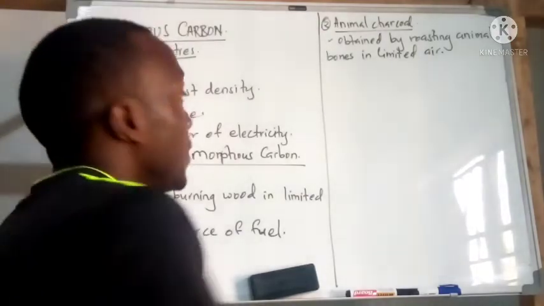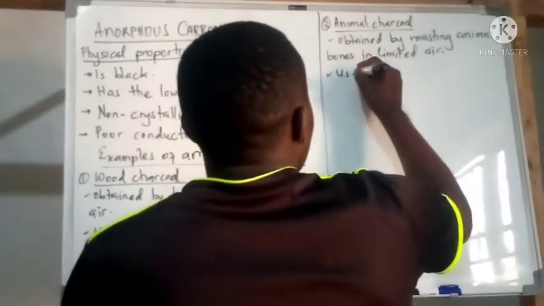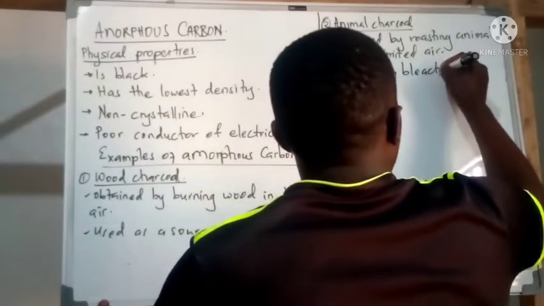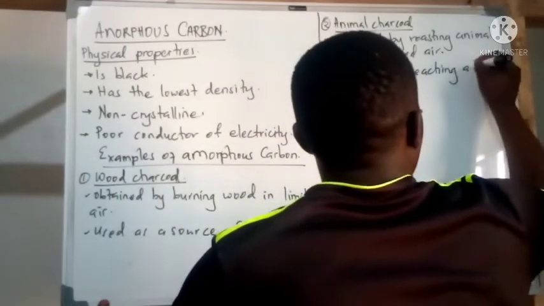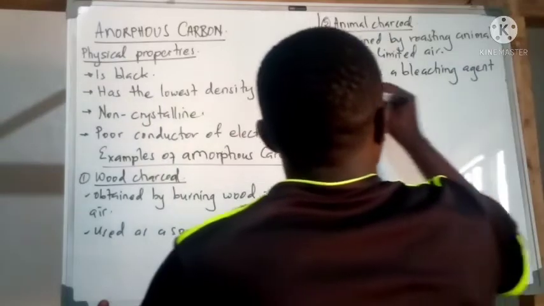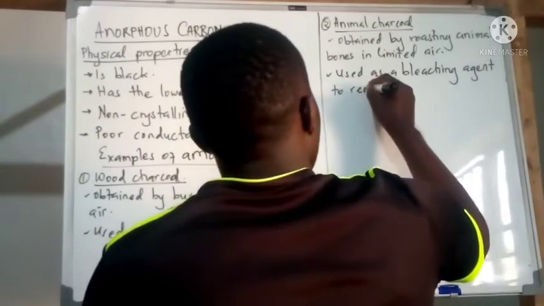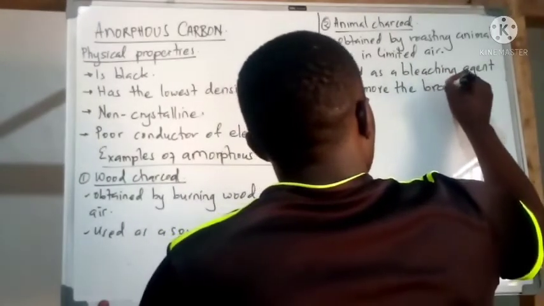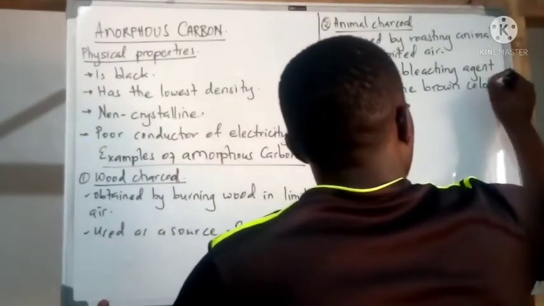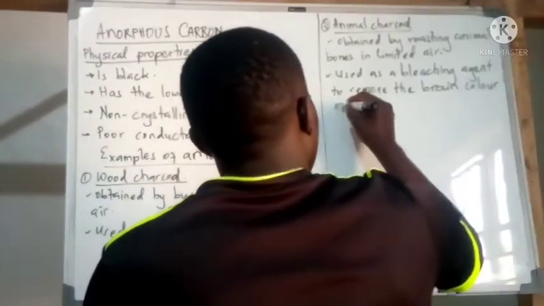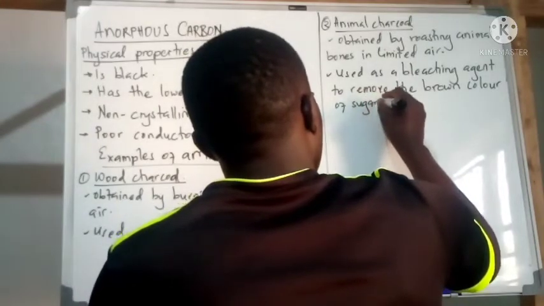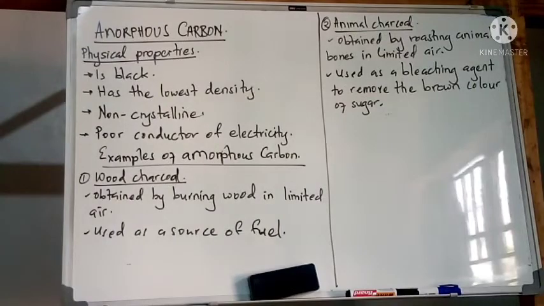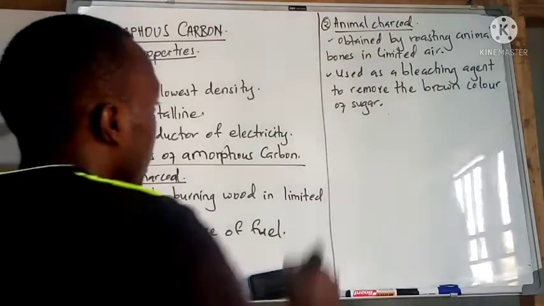And this one is used as a bleaching agent to remove the brown color of sugar, such that we get white crystals of sugar.